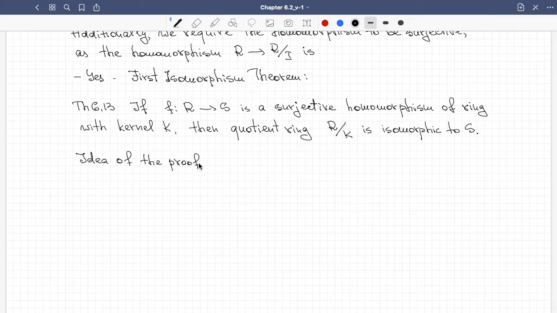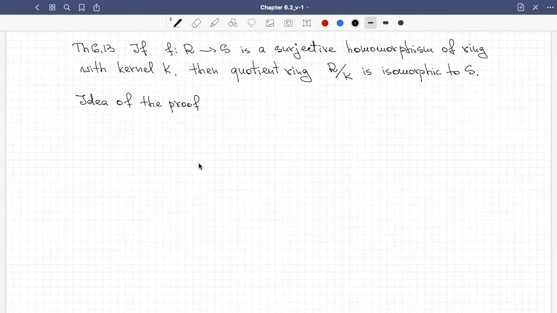To make it more transparent, and after that the proof in the book becomes quite clear and transparent. So we have two homomorphisms.